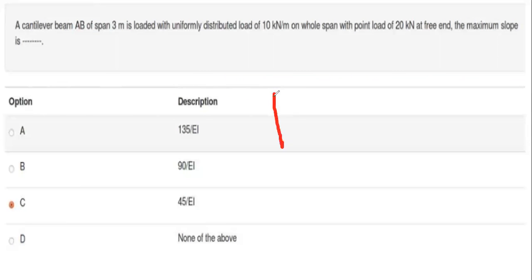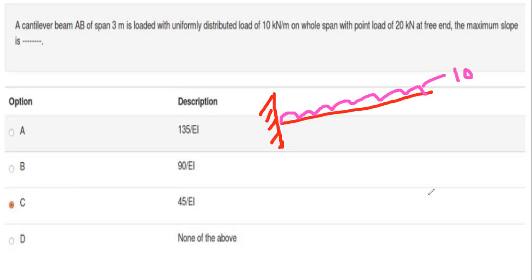First, the cantilever beam subjected to UDL of 10, and at the free end there is a point load of 20 kilonewton. And we have to find out the slope. Suppose this is point B, so theta B, and that will be maximum. The slope will be maximum at the free end, and that we have to find out.